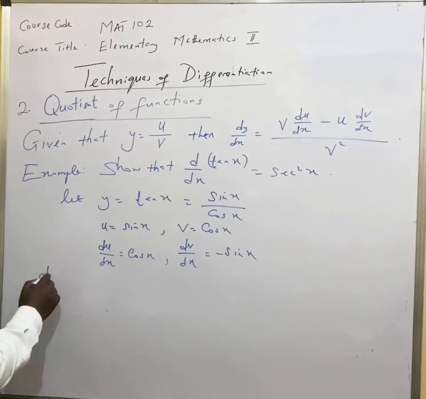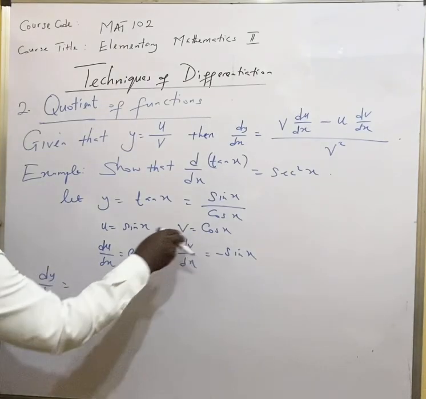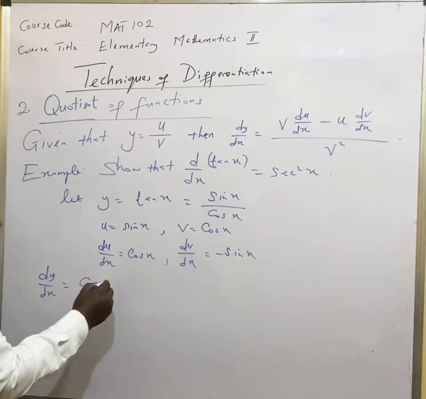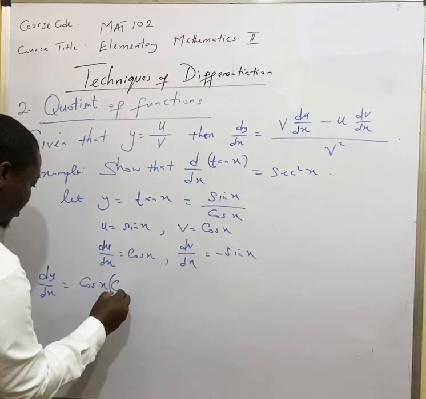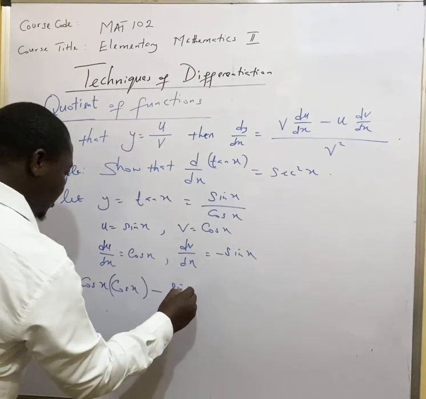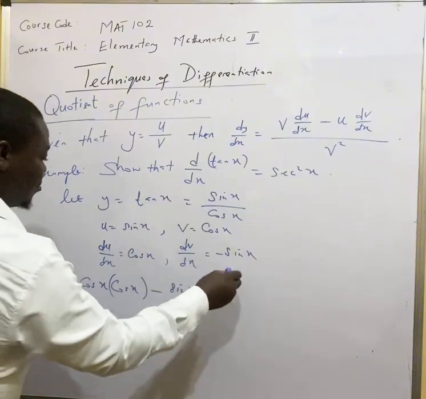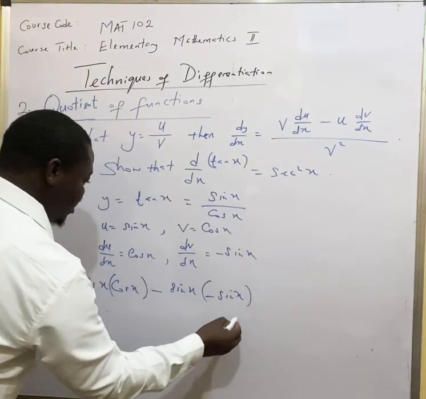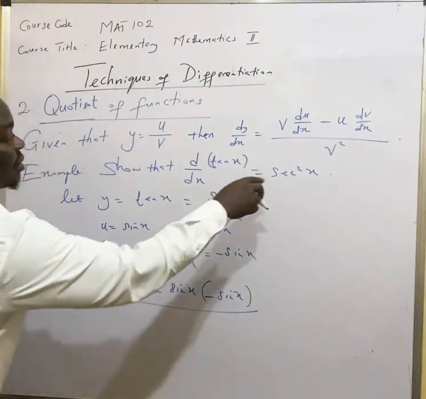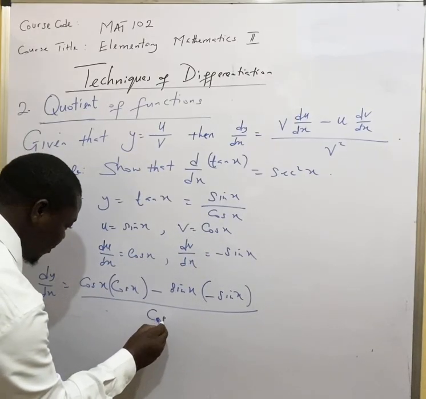So therefore, dy dx will be v, which is cos x, multiplied by du dx, which is also cos x, minus u, which is sine x, multiplied by dv dx, minus sine x, minus sine x divided by v squared. V is cos x, so we have cos squared x.